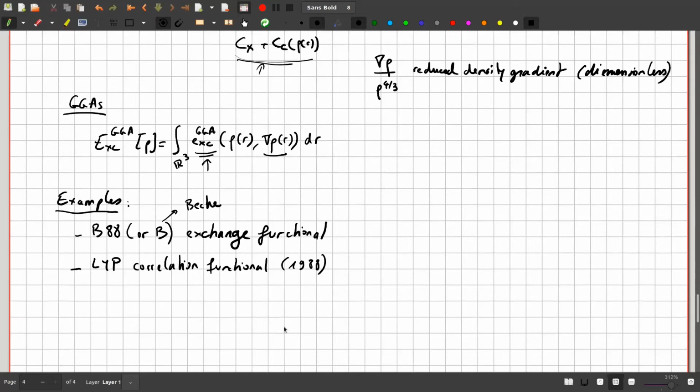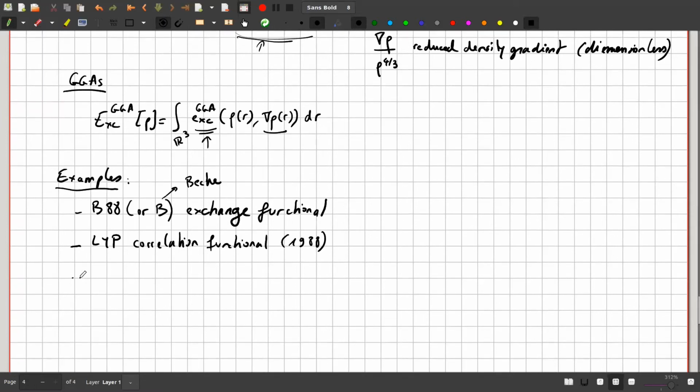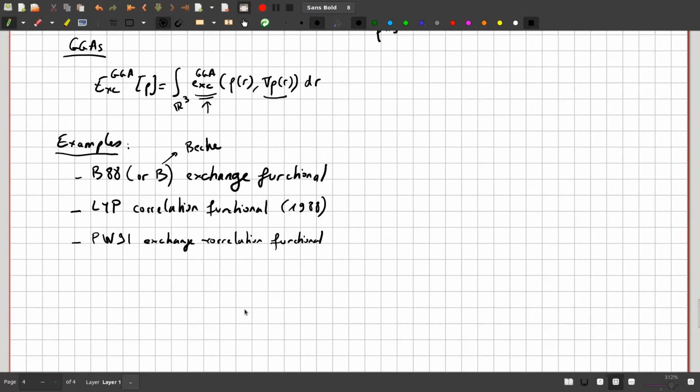Okay. So now the next functional that I want to talk about is the Perdew-Wang 91 exchange and correlation functional. Okay, so this is a nice functional in the construction because it is quite systematic.